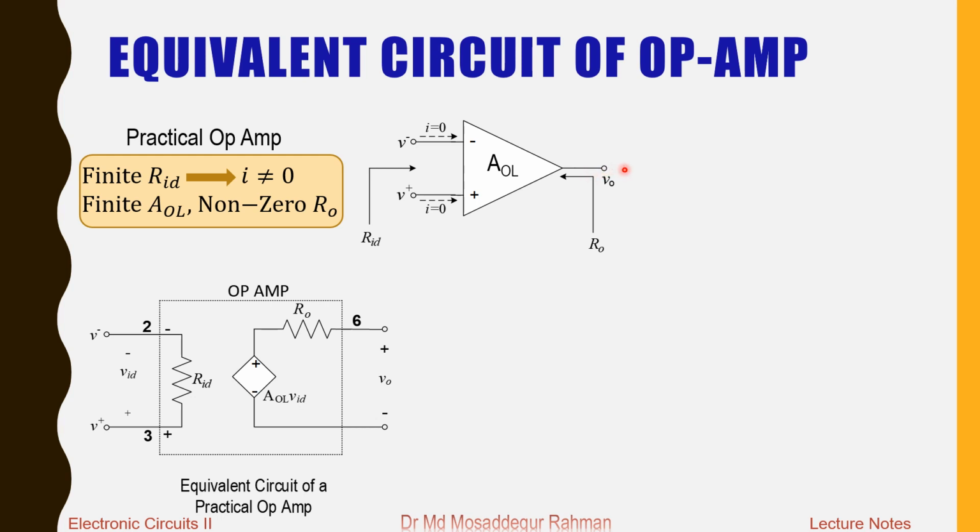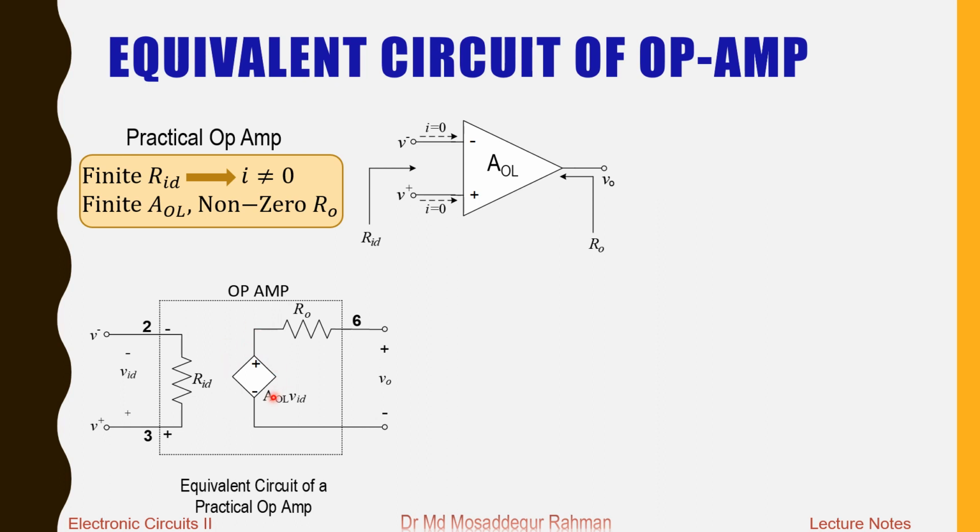We get an output voltage, and that voltage will be a function of the input voltage VID. So the output voltage is the input voltage multiplied by the gain of the op-amp AOL. So the output side of the op-amp behaves like a voltage source. That is a voltage dependent voltage source. So it is represented by a dependent voltage source, and the voltage depends on this input voltage VID.